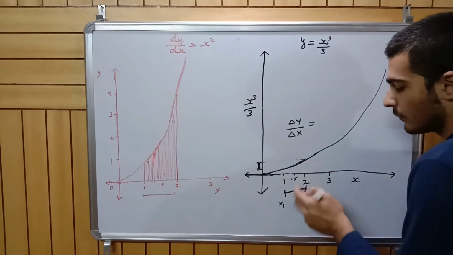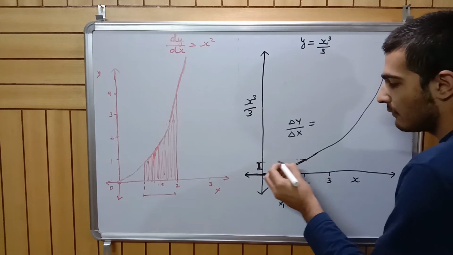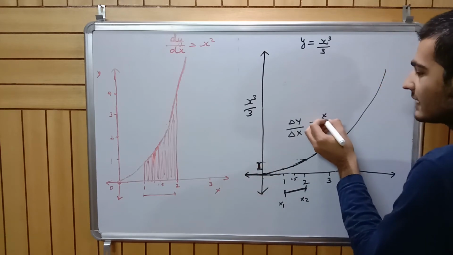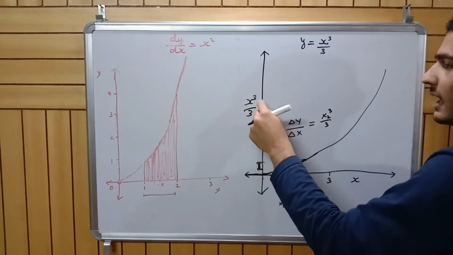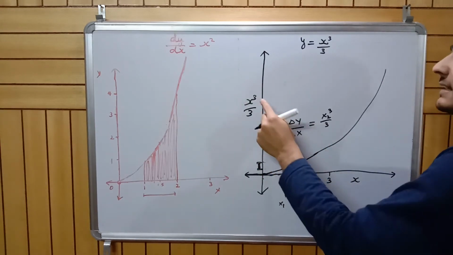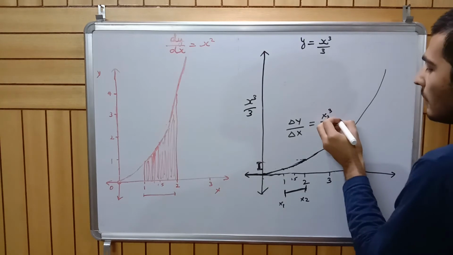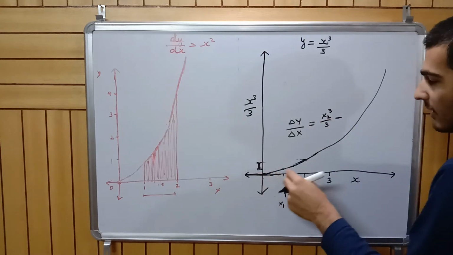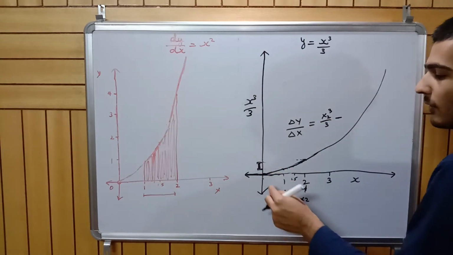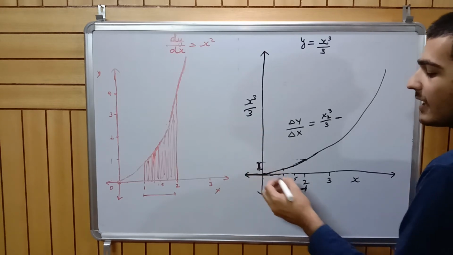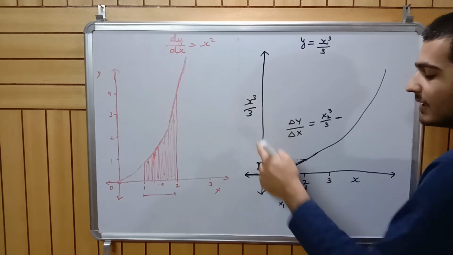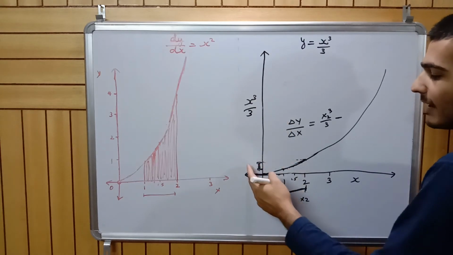So at x2, if I go and find my y value, it is x2 cube by 3, because this is my function, x cube by 3. So at x2 I get x2 cube by 3 minus, and now if I find the value of my y value at x1, what I get is x1 cube by 3, because that is the y value at x1.